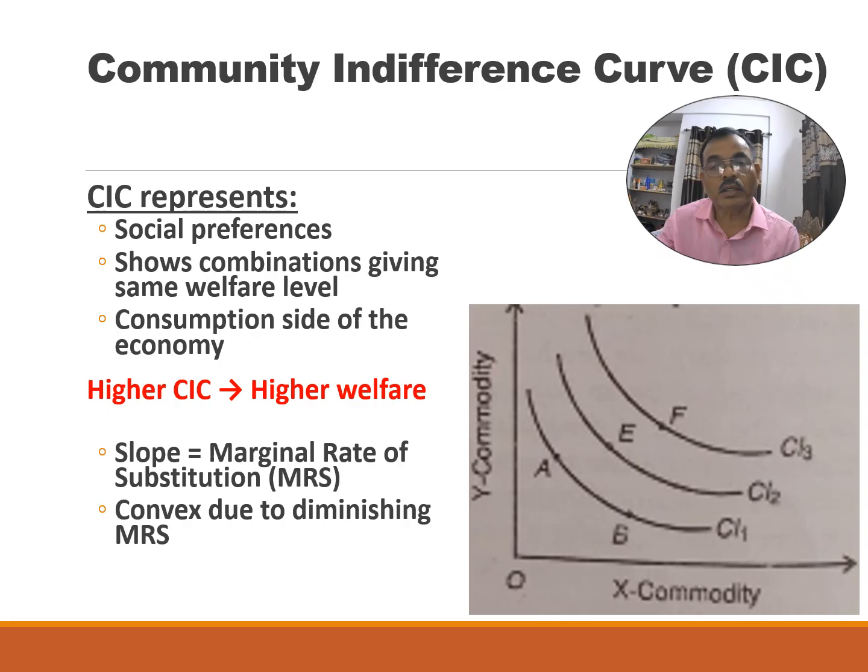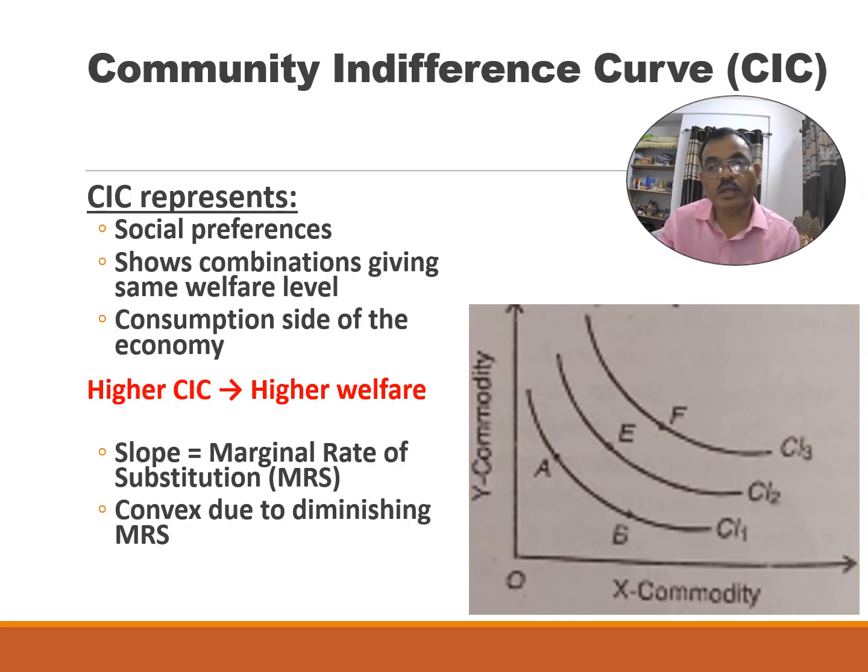So higher community indifference curve means higher social welfare. While the production possibility frontier shows what the economy can produce, the community indifference curve shows what society prefers to consume.